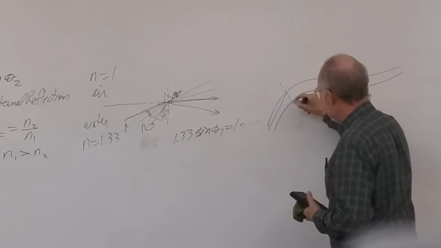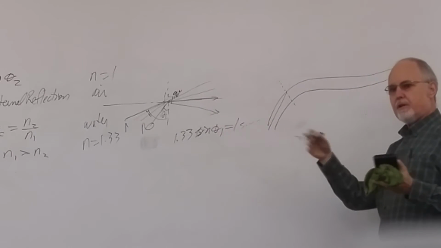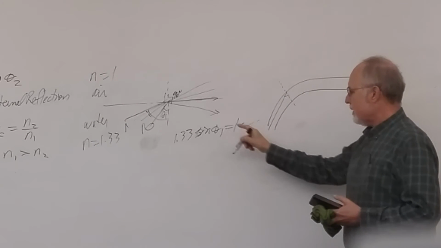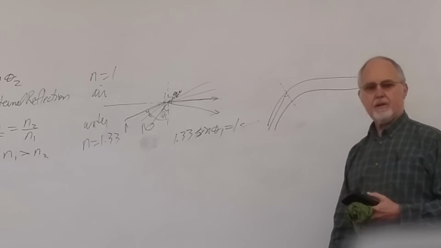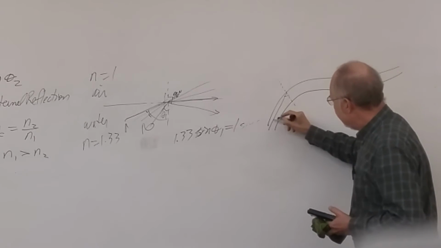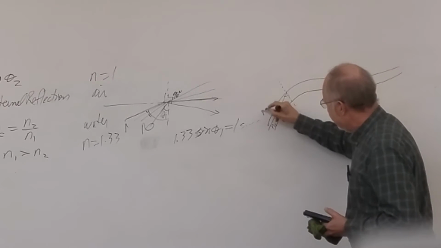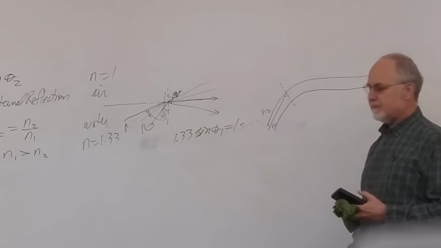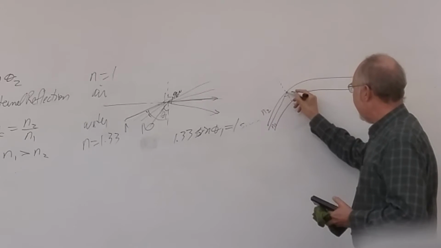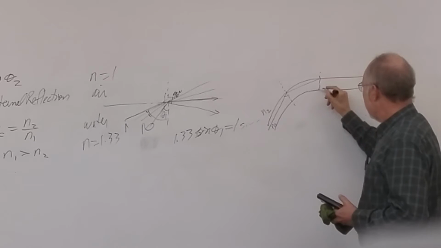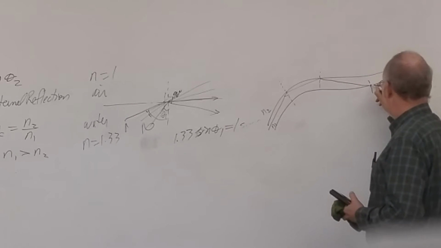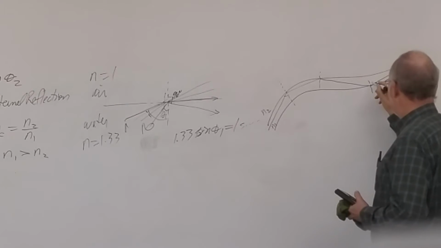As it hits the side of the fiber, because the fiber may turn and do things like that, this angle that it hits at, you always want it to be bigger than the critical angle, with N1 being bigger than N2. And so it reflects, and then when it hits this side, it's bigger than the critical angle. When it hits over here, it's bigger than the critical angle.